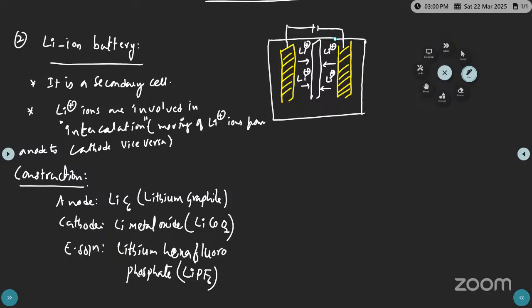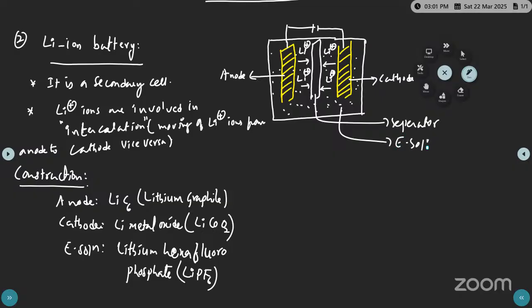Lithium hexafluorophosphate. So this is the lithium ion battery. This is the anode, this one is the cathode, this is the separator, and this is the electrolytic solution. This is the construction of the lithium ion battery.